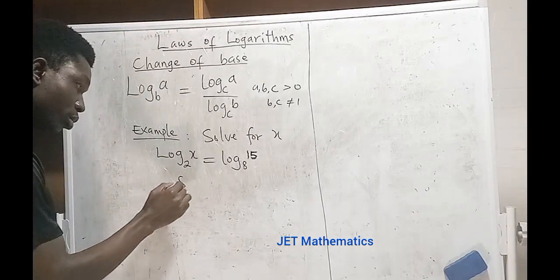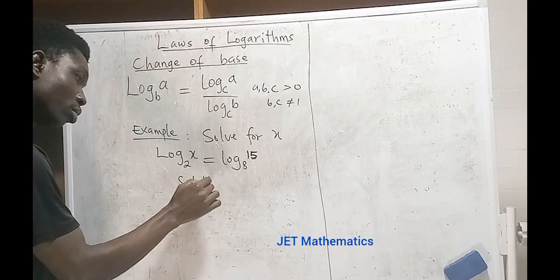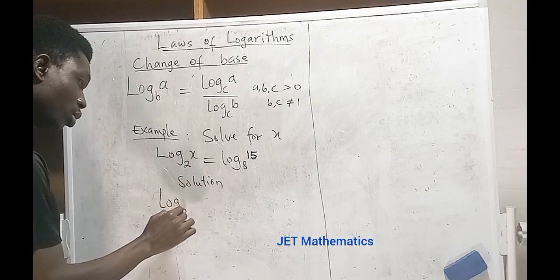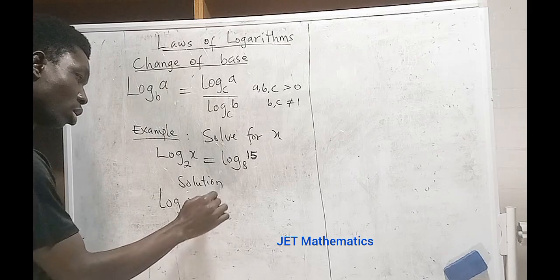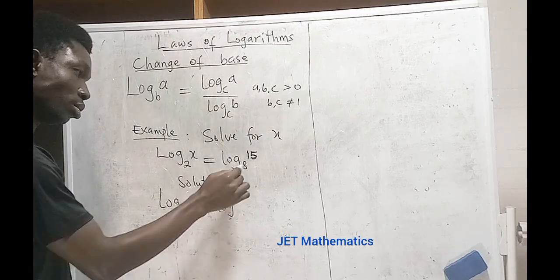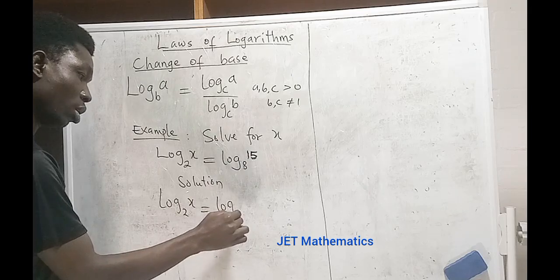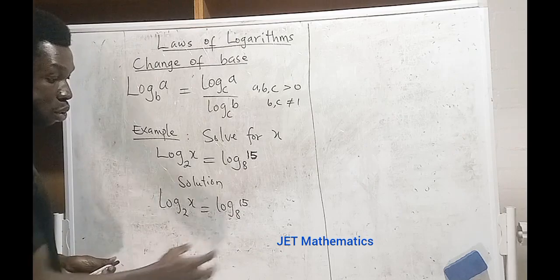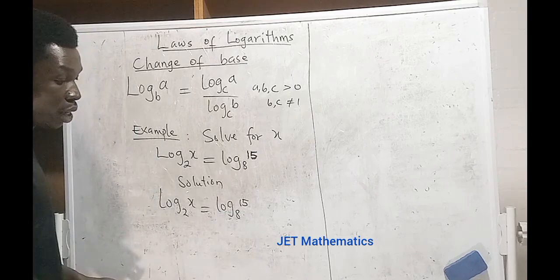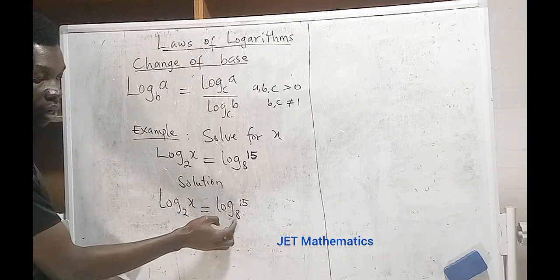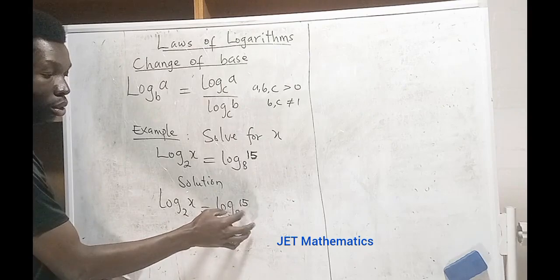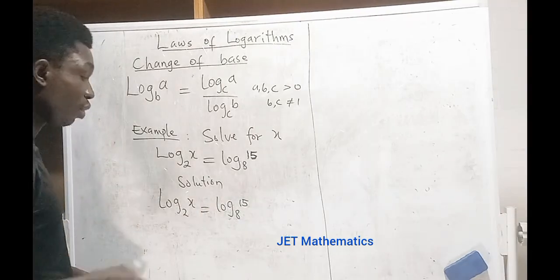So, solution: log x to base 2 is equal to log 15 to base 8. Looking at the right hand side, we already know it's quite difficult for us to simplify this using all our previous laws.